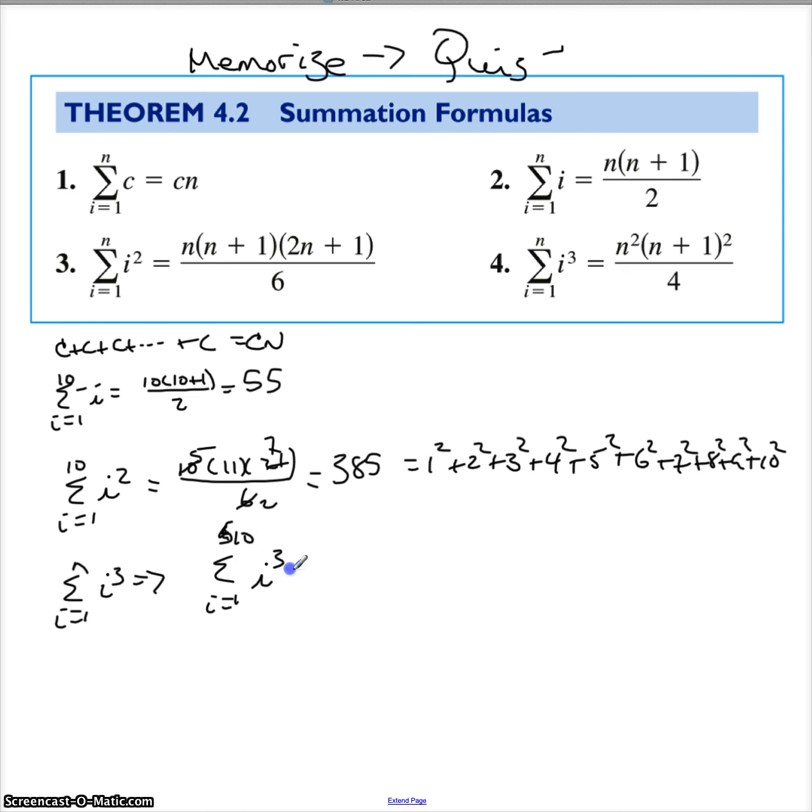I cubed, well, this is 10 squared times 10 plus 1 squared divided by 4. So this is 100 times 11 squared, which is 121, divided by 4. So 121 times 100 divided by 4 is a really big number, 3025.